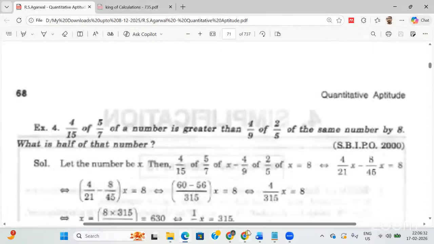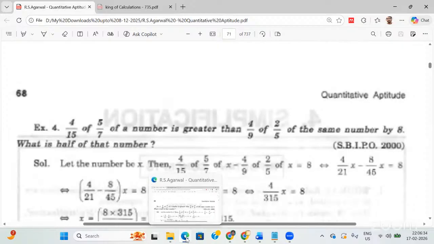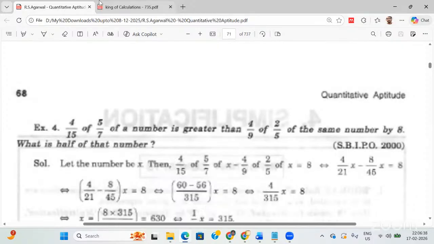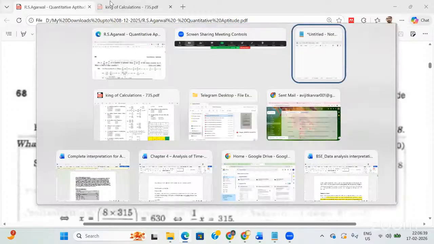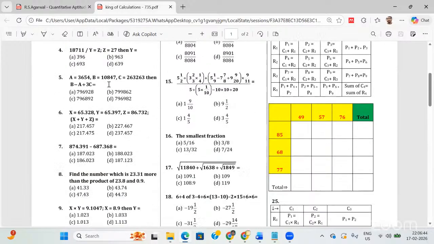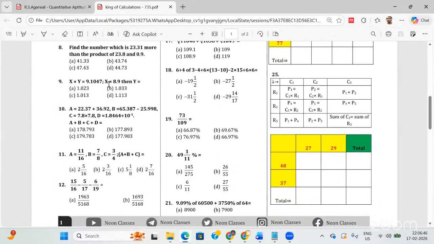Then I consider these items. We are not talking about this right now. We consider this. I already solved these sums, probably up to how many items? I forgot this item.